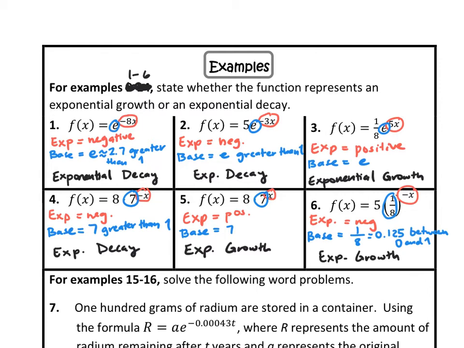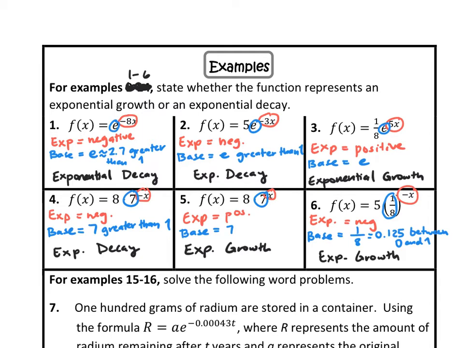This is the main part of the examples that I want you to get for this section: if my exponent is negative, but my base is a decimal between 0 and 1, then my conclusion is that we have an exponential growth function. Okay.